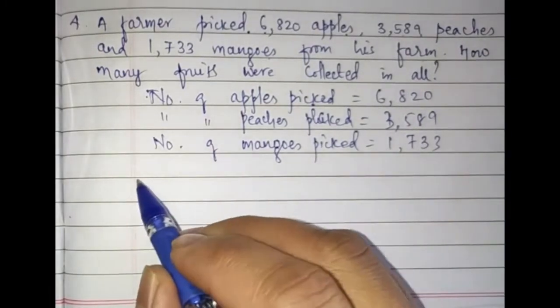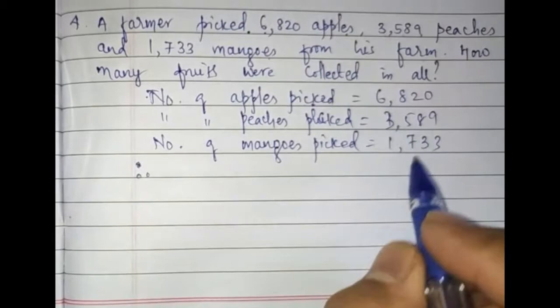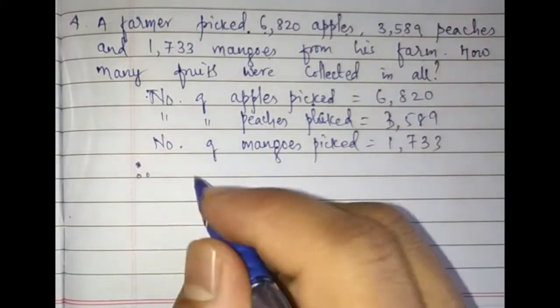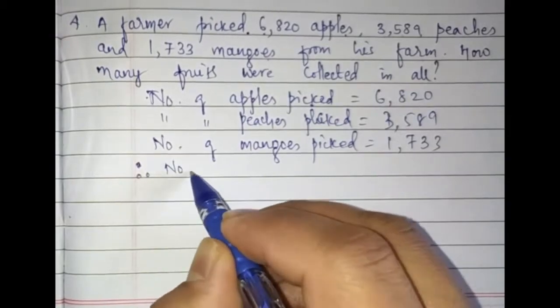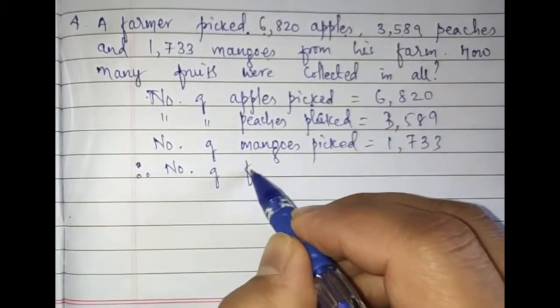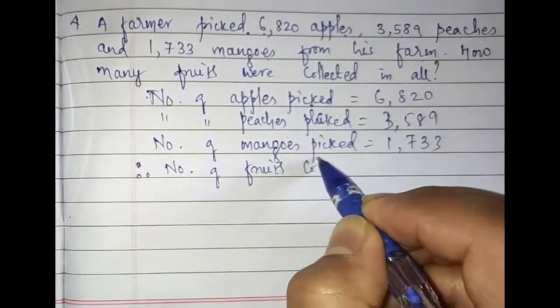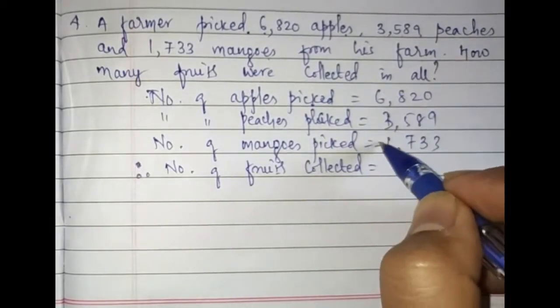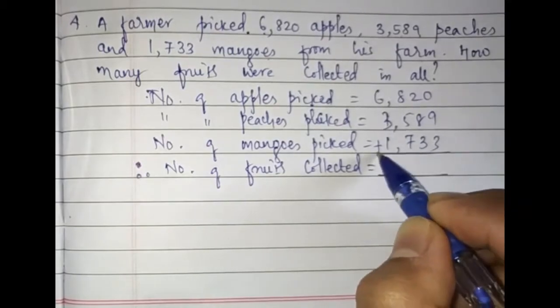Alright, so what we have to find is altogether how many fruits he has collected. So number of fruits collected is equal to this. We have to add all, right? Addition we have to do.